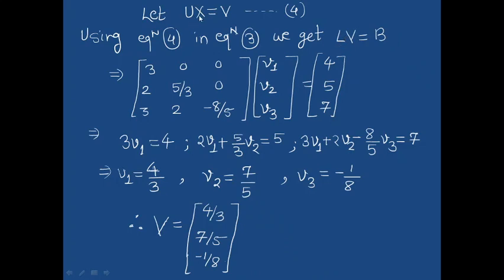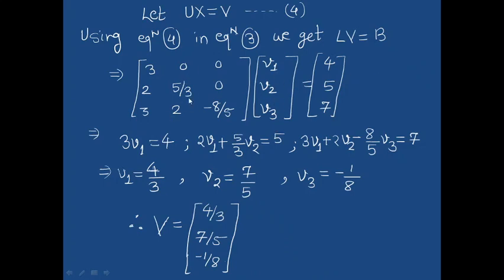Now in this, L is known to us, and the only unknown quantity is V, and it will be a column matrix of order 3 by 1, because the coefficient matrix was 3 by 3. If A is a 4 by 4 matrix, then V will be a 4 by 1 column matrix.